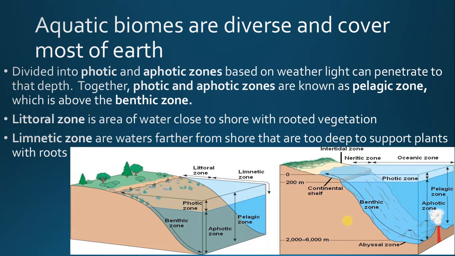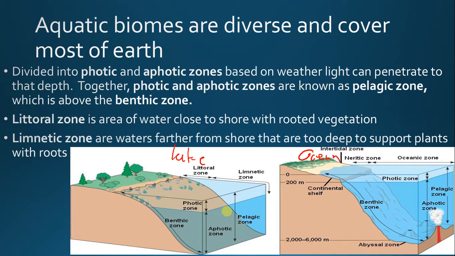There's also aquatic biomes. Really briefly, aquatic biomes are really in lakes, right here, in oceans, this picture, divided into photic and aphotic zones. So photic, ones that have plenty of light that penetrates them. Aphotic, not a lot of light gets to the aphotic zones.